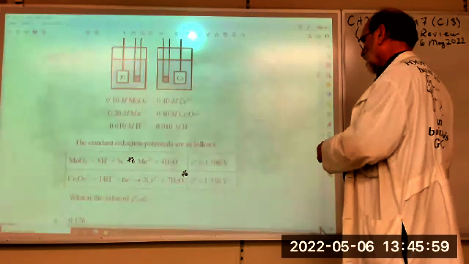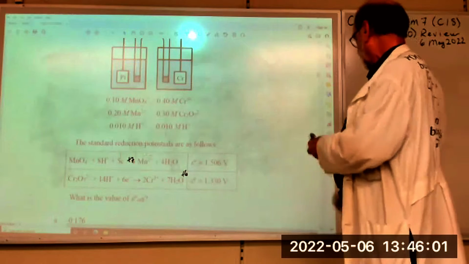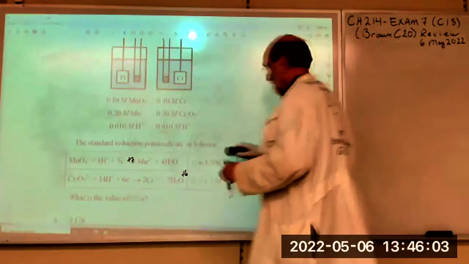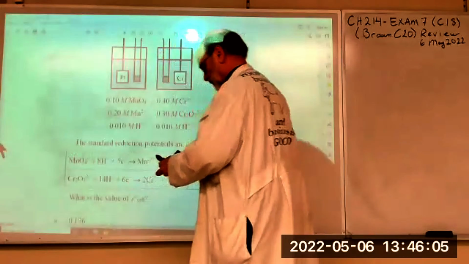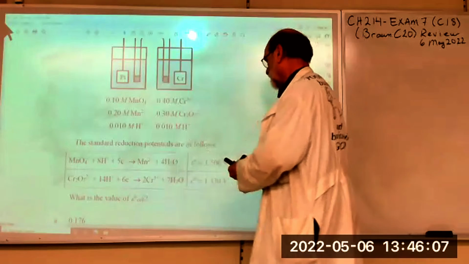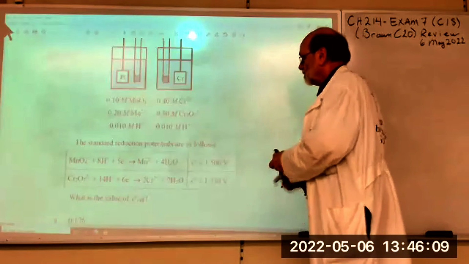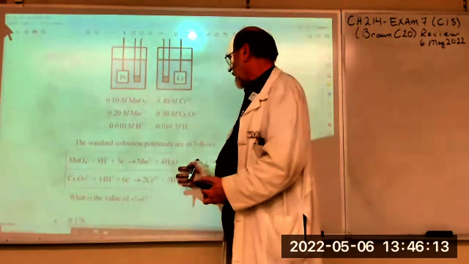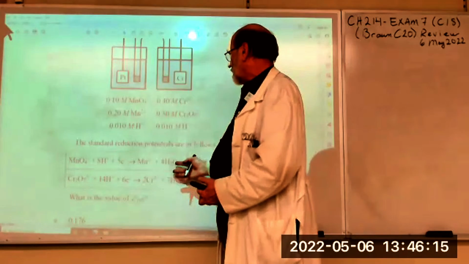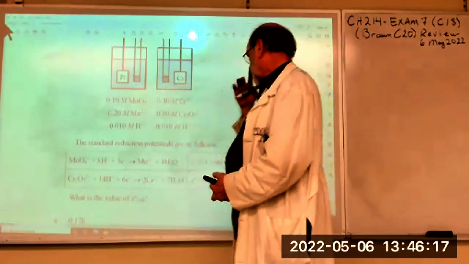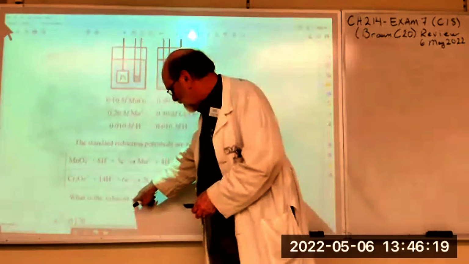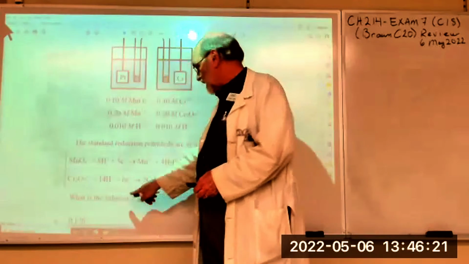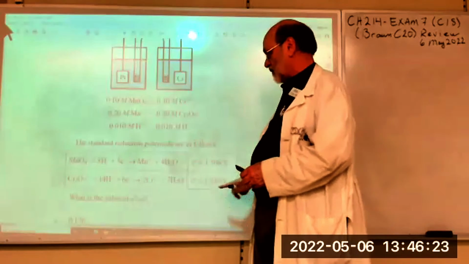What's the value of E for this cell? Actually, oops. If you're given the half reactions, if it says E0, that's important. E0 means we can use these values.